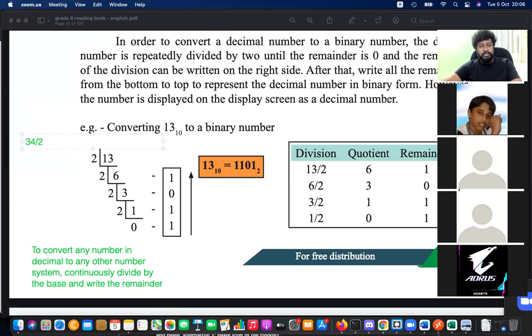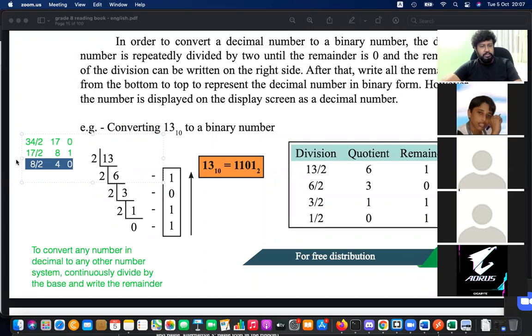Let's say 34. 34 is a decimal number. So then let's divide that by 2. 34 divided by 2 is 17 and remaining 0. Then 17 divided by 2 is 8. 8 into 8 is 16 and remaining 1. Then that 8 you have to divide. 8 divided by 2 is 4 and remaining is 0.